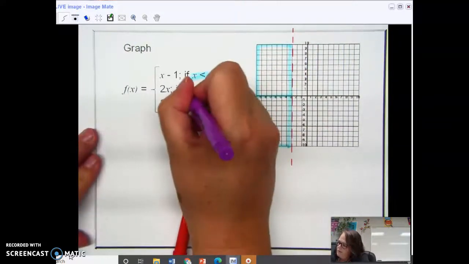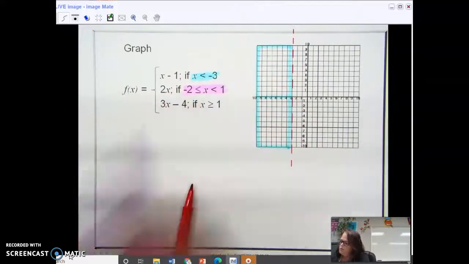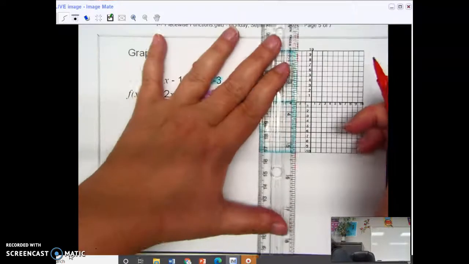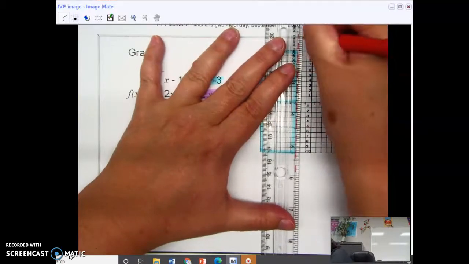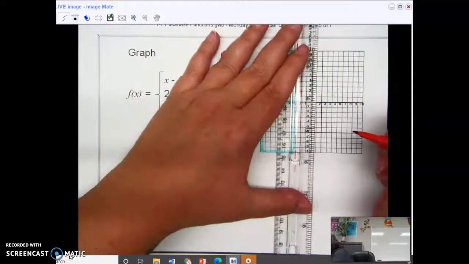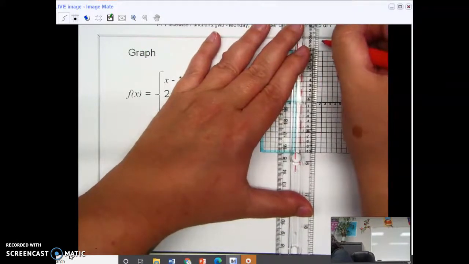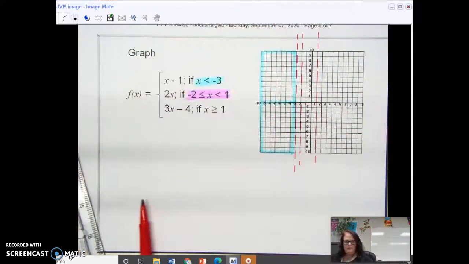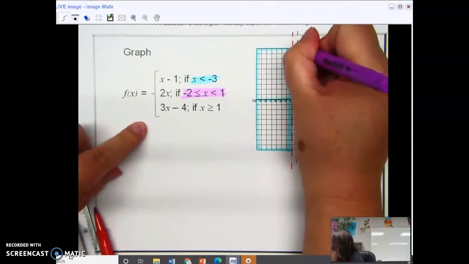And then my next one, I've got a boundary between -2 and +1. So we need 2 lines actually. So I've got a line at -2, and I have a line at +1. And this is going to represent all the points in between.